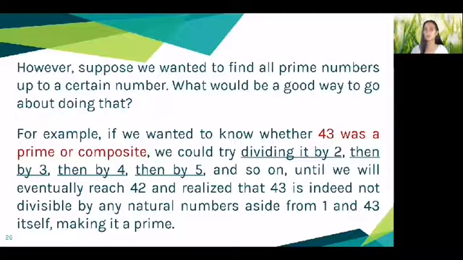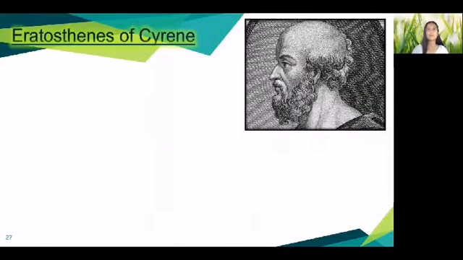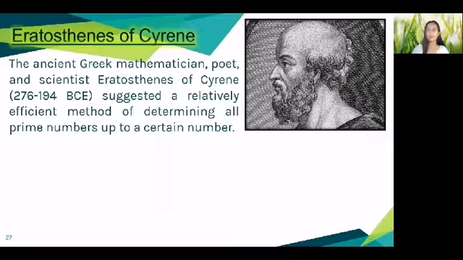Yes, you got it right. He is Eratosthenes of Cyrene, the ancient Greek mathematician, poet, and scientist. Eratosthenes of Cyrene suggested a relatively efficient method of determining all the prime numbers up to a certain number.